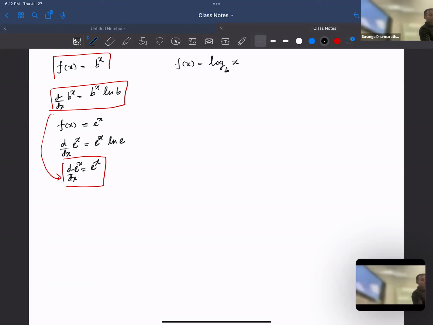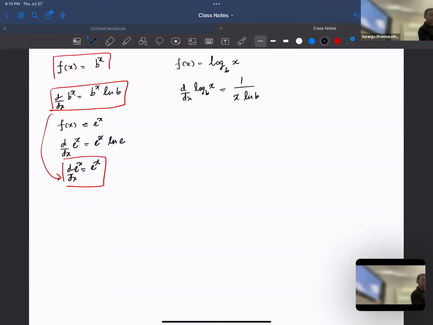And then also from the next equation, we learned that d over dx of log base b of x is equal to 1 over x times natural log of b.